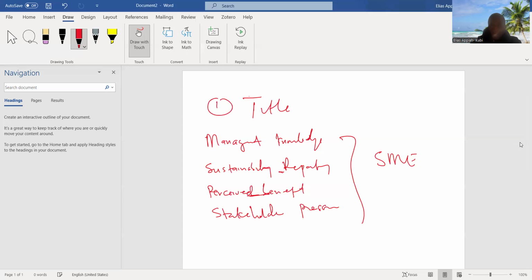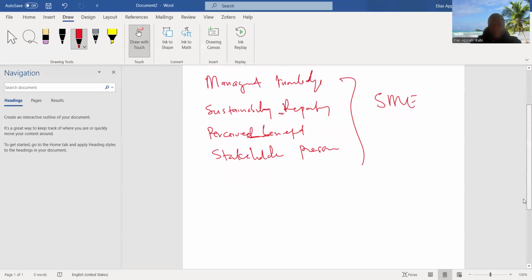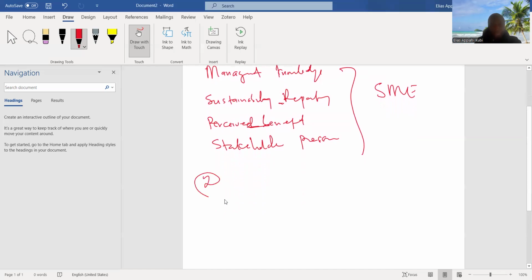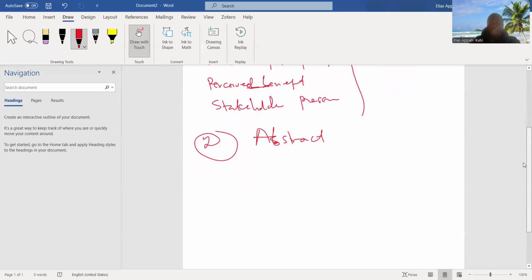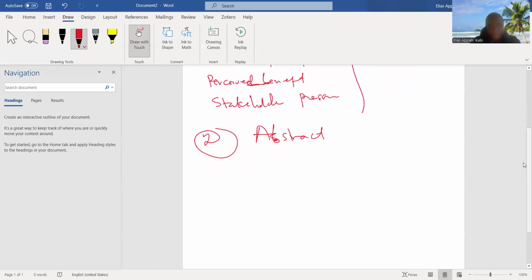The next section of a research paper is the abstract. Of course, you need to finish all the other sections before you can write the abstract, because the abstract is the summary of your work.